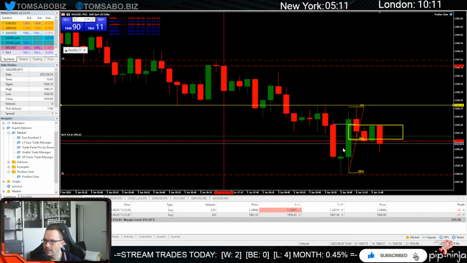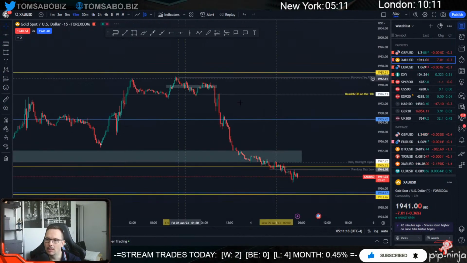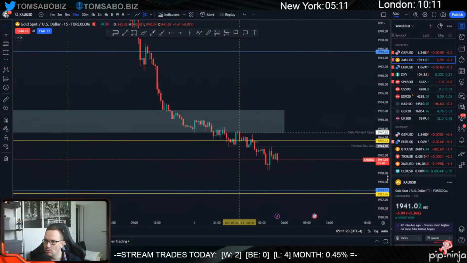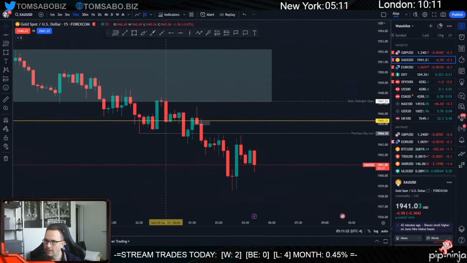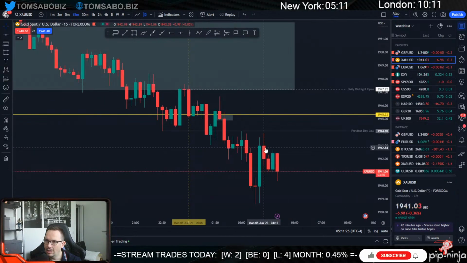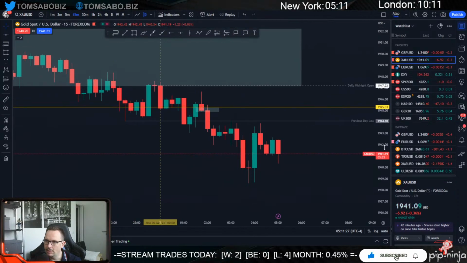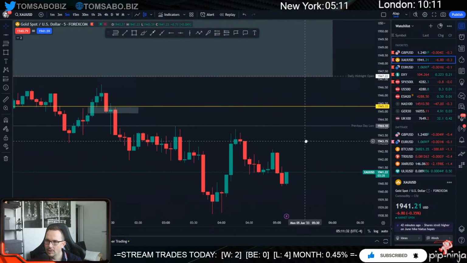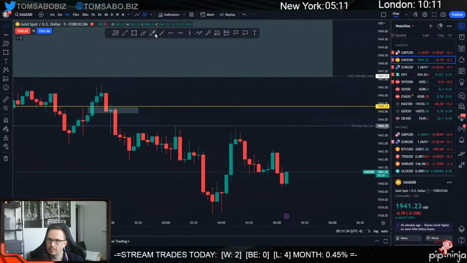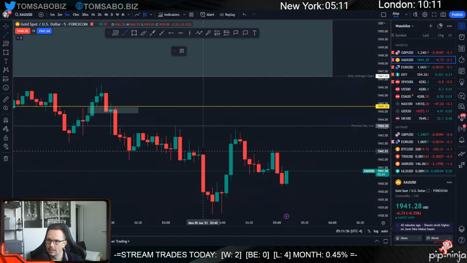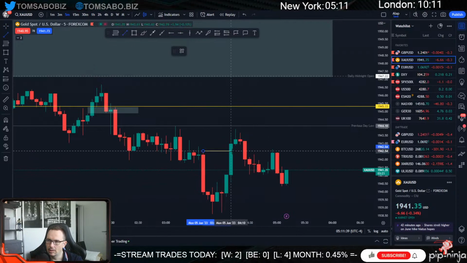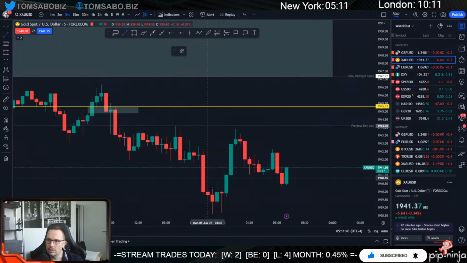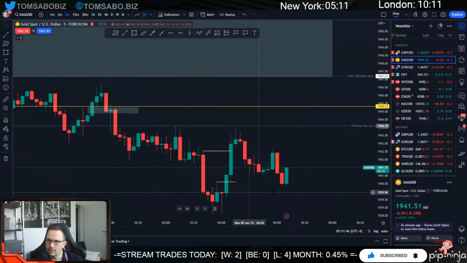We had a little bit of a fair value gap down here as well. Let's go to TradingView, 15-minute. Let's zoom out. This is gold. No real structure break on the 15-minute, but if I go down to the 5-minute, we did have a little bit of a structure break right there.